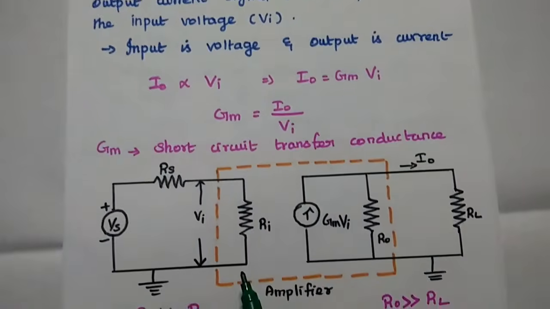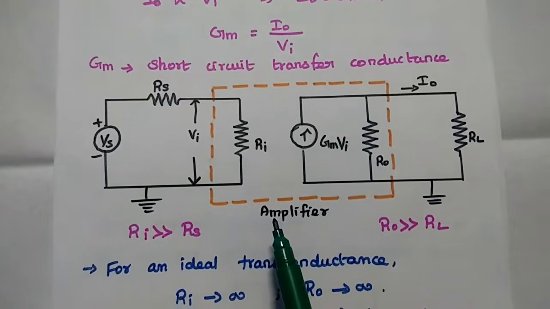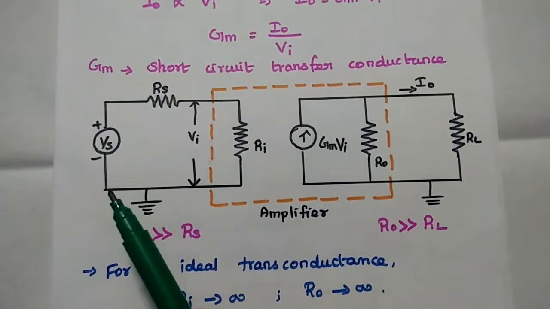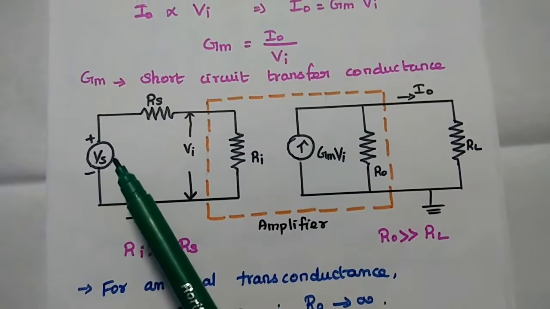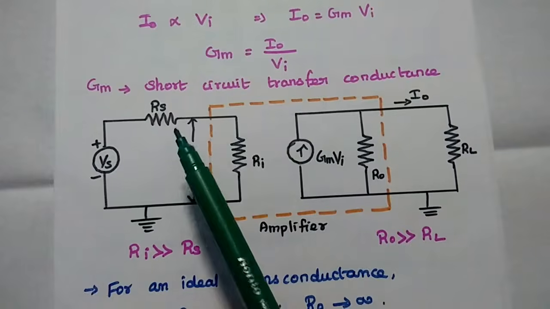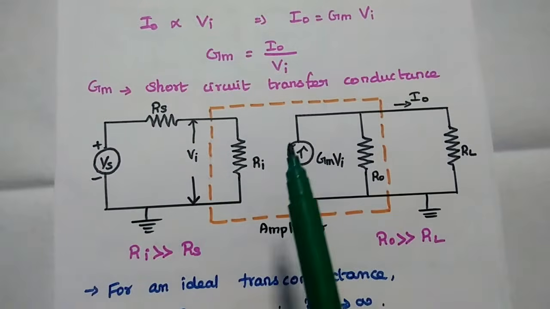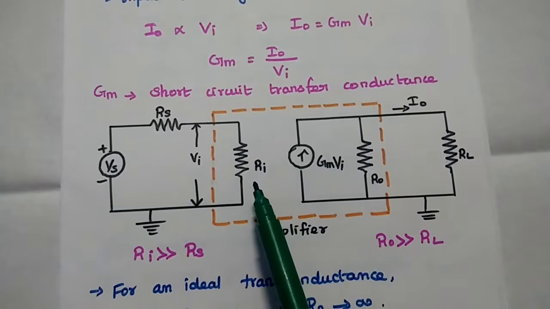This is the small signal equivalent circuit for this transconductance amplifier. Here we are going to give the input as a voltage signal, so we can use Thevenin circuit Vs in series with the source resistance. This amplifier can be represented as the input resistance or input impedance Ri.